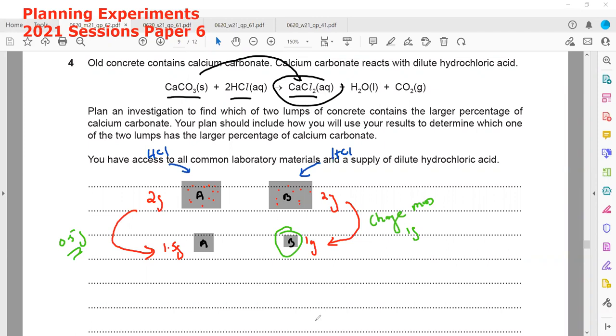So this is how you make up this experiment, but how do you write it?